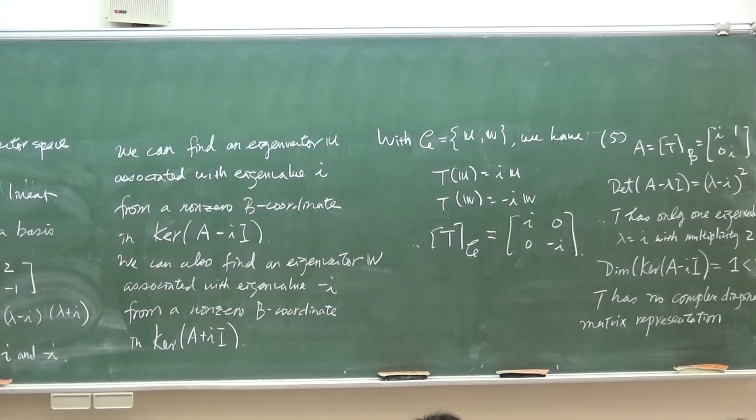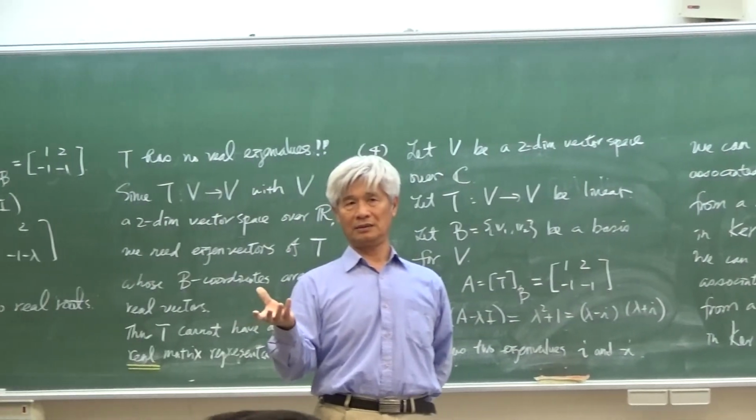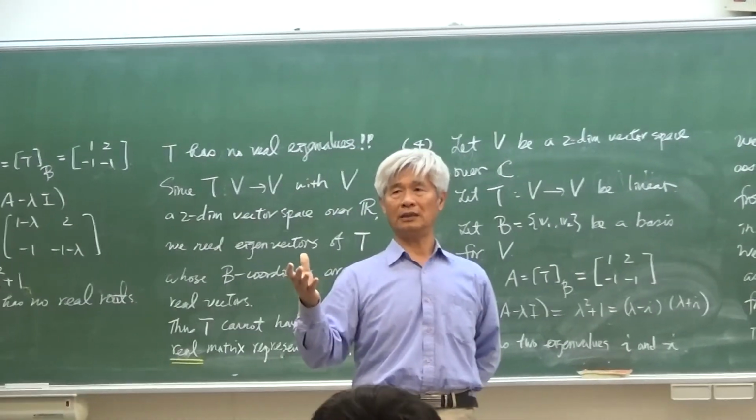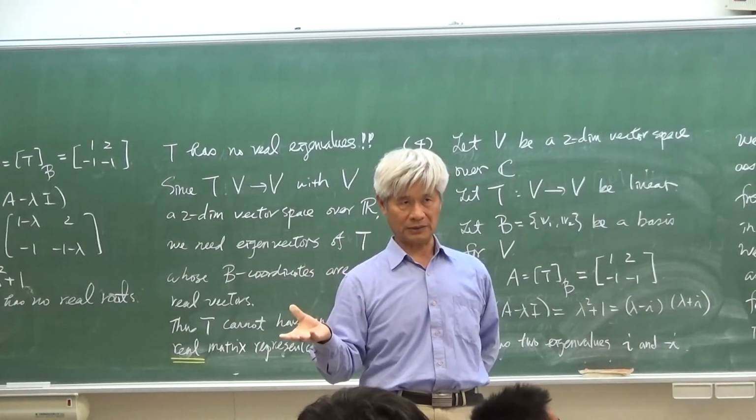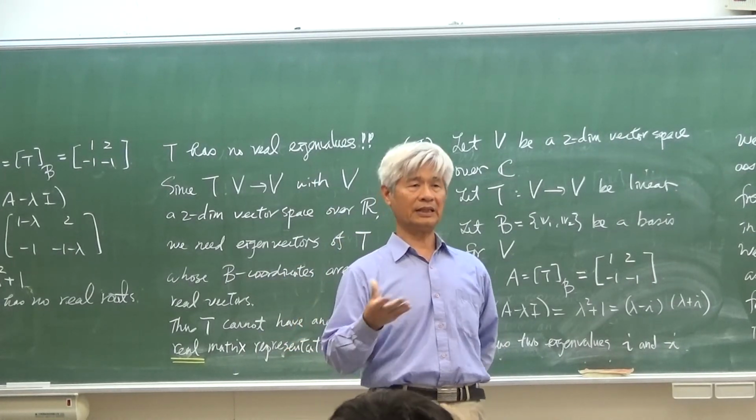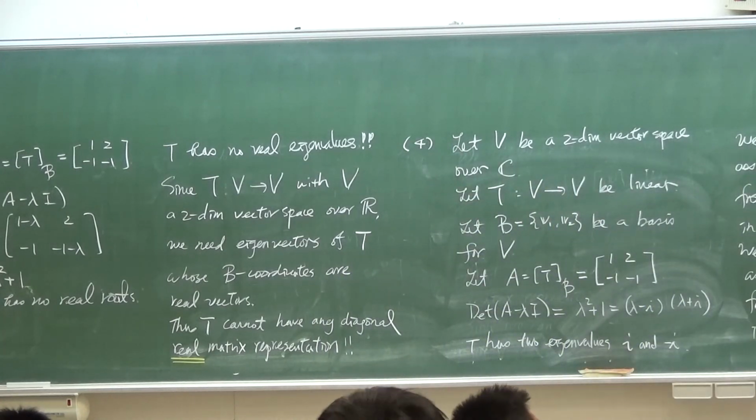In the real domain, sometimes we don't even have any real eigenvalue, so we cannot proceed anymore. Even in the complex domain, where you always have eigenvalues, you can't always find a basis consisting of eigenvectors. In this case, you also have no complex diagonal matrix representation.